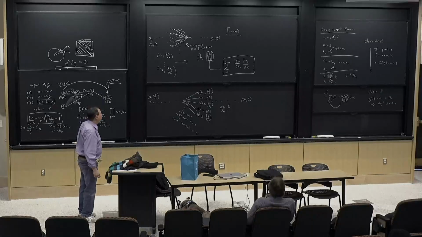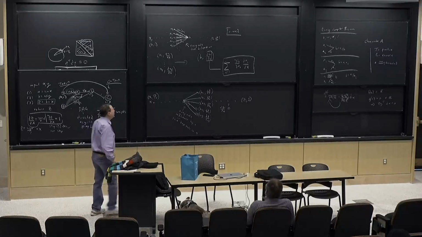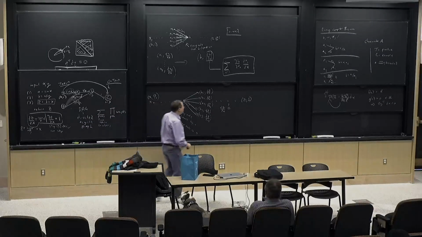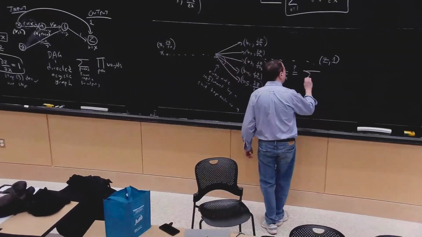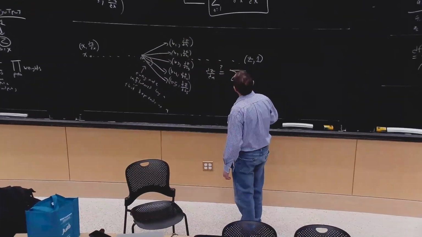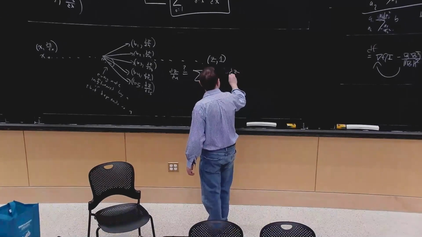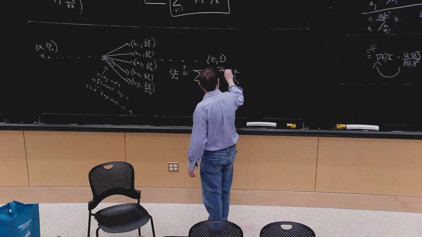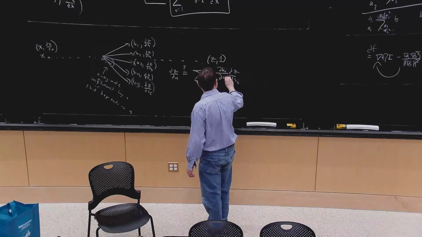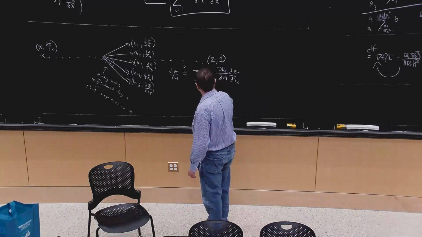And of course, the way this is going to work is we're going to sum up. Let's see, how's this going to go? Is it going to be dz dbi times dbi dA, from i equals 1 to 5 or something?